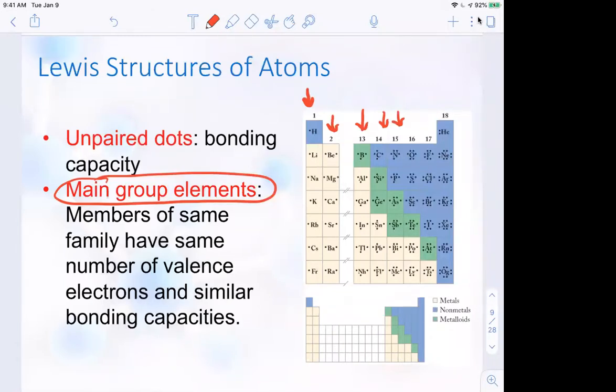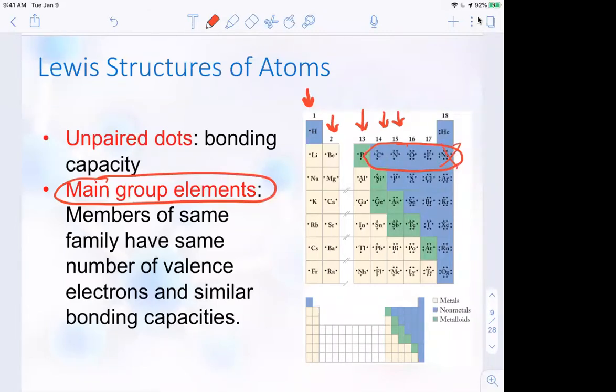As we get into rows 3, 4, 5, and higher, we know that we can also do other things. Those are special forms of elements. We can form what's known as expanded octets there. But luckily, most of our bonding in terms of organic is in row 2, where we actually only have a capacity for 8 electrons around the atoms.